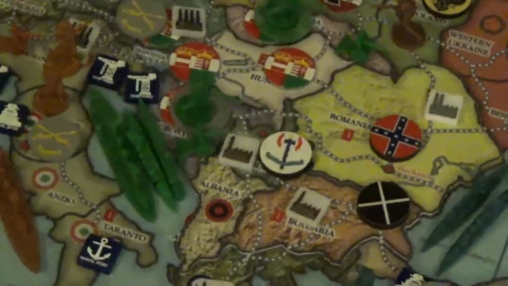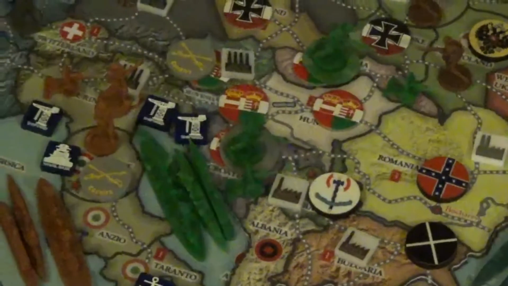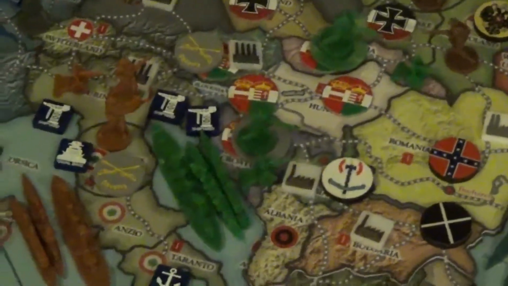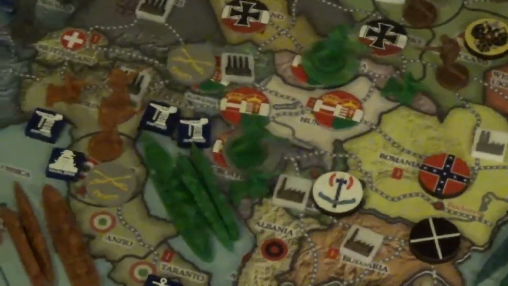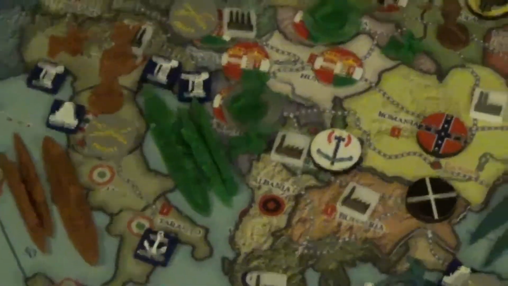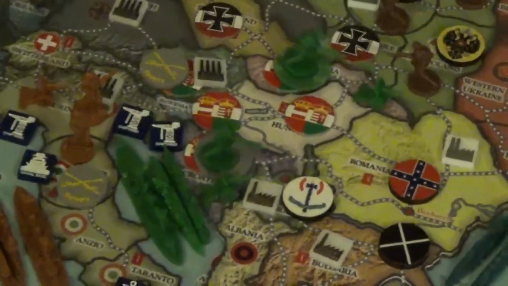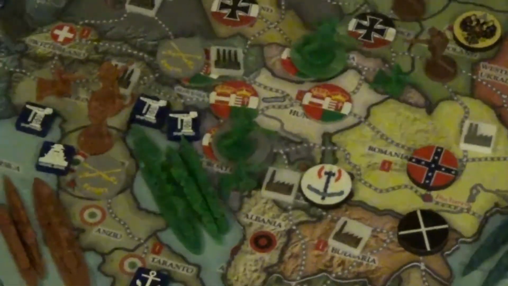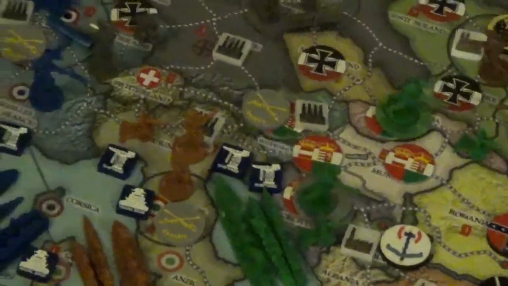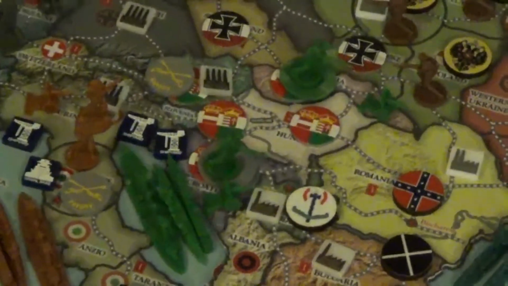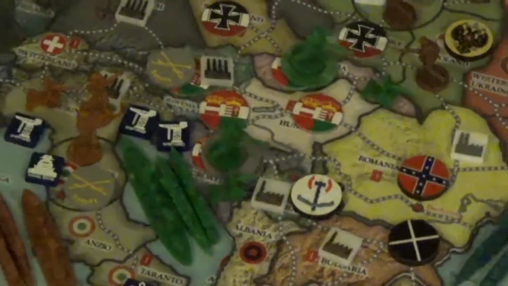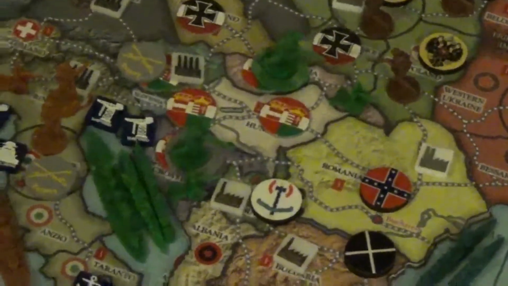In fact, when Ferdinand was assassinated, Europe, up to and including his own family, the Habsburgs, their reaction to his assassination was more or less meh, and they went about their summer holiday. It did not send shockwaves through Europe, mostly because assassination was a fairly common thing at this point in time.